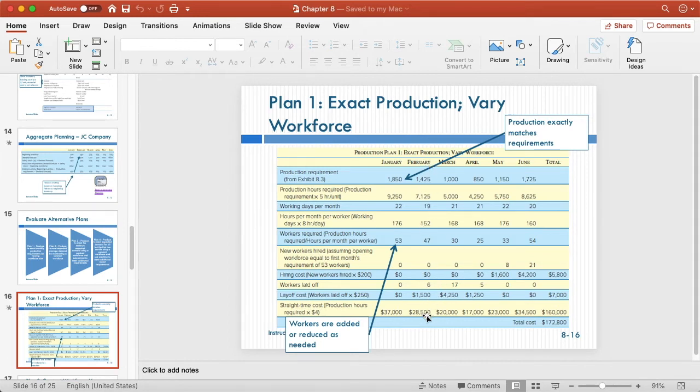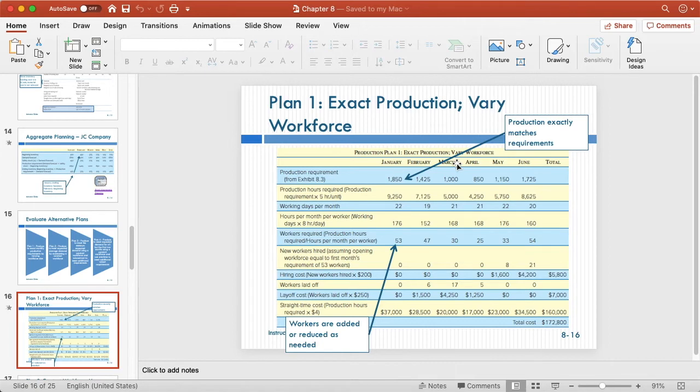The straight time cost, you still use the production hours times the $4 per hour to get this amount. It should be straightforward. Now let me ask you a question. At the end of February, how many workers do you have? Is it 53? No, it's not 53 anymore because you already laid off 6 workers. Right now, you have 47.